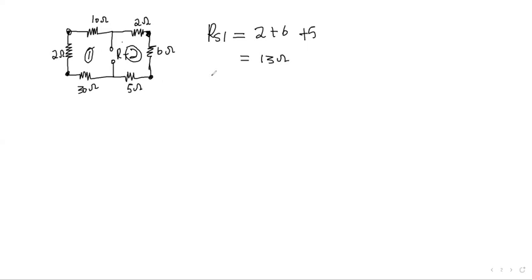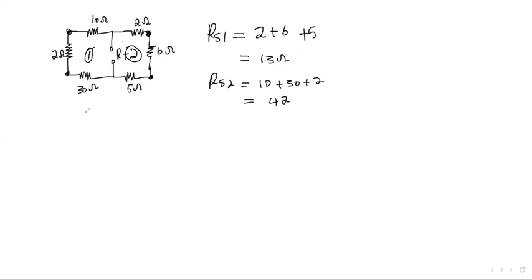Therefore, RS2 is 10 plus 30 plus 2. 10 plus 30 is 40, 40 plus 2 is 42. So RS2 is 42, then RS1 is 13.